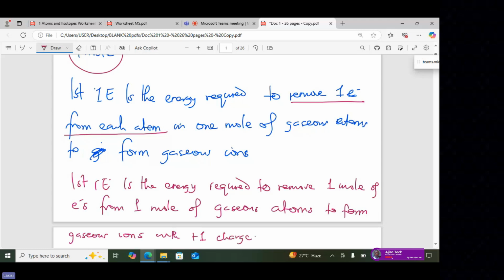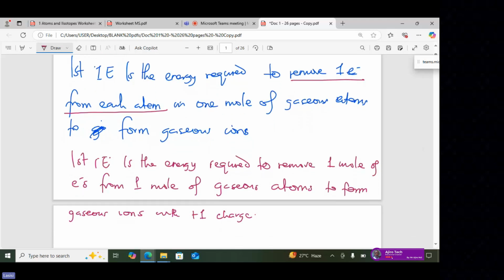Look at it. This is also correct. Which one do you prefer? The first one. Both of them are correct.